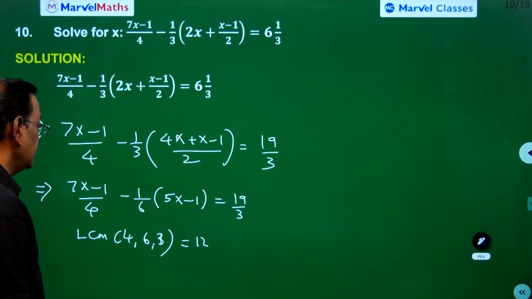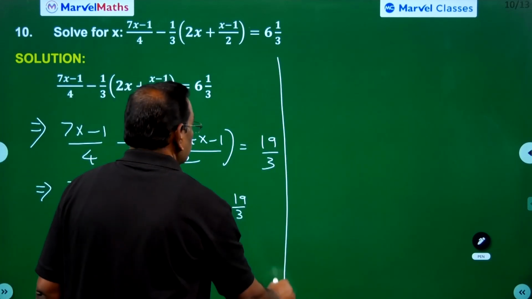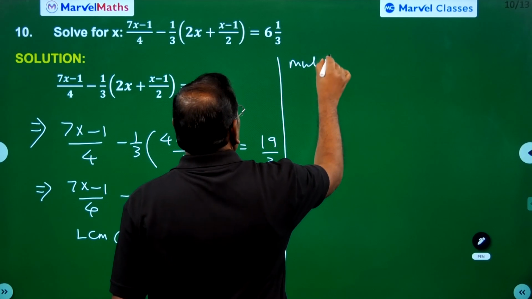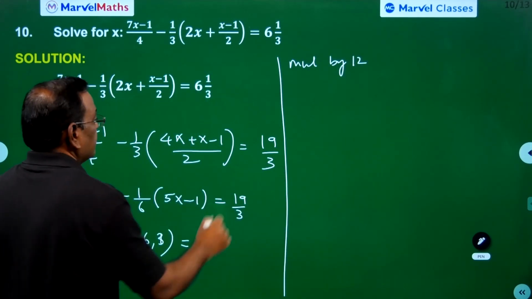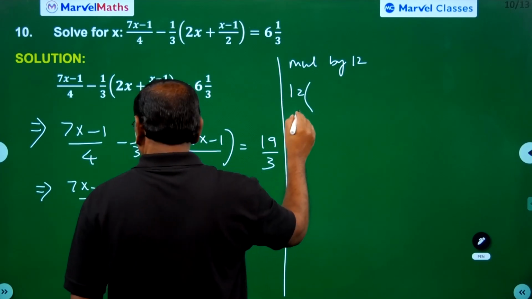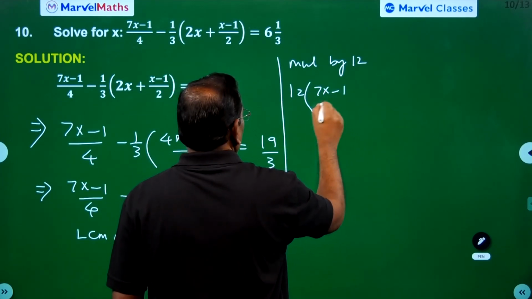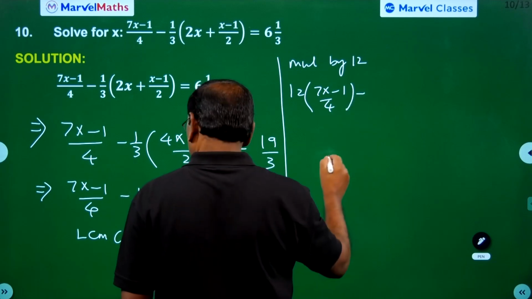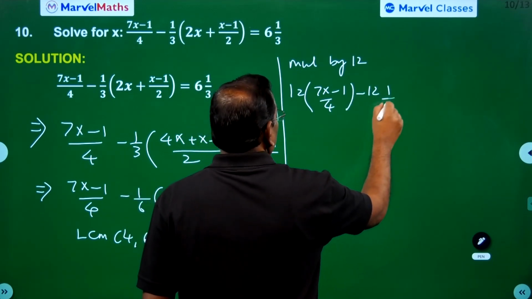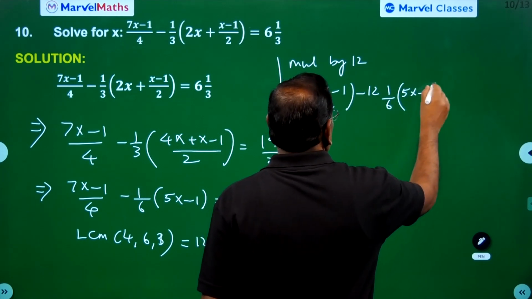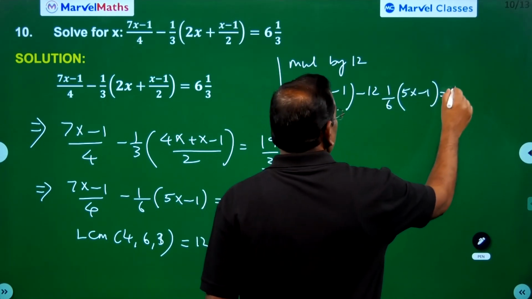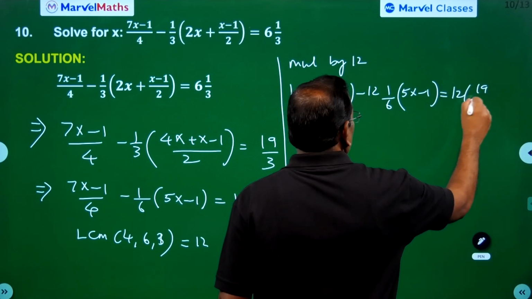So multiply by 12. If I multiply by 12, what is the equation? So here I can write this as 12 into (7x - 1)/4 minus 12 into 1/6 into (5x - 1) equal to 12 into 19 by 3.